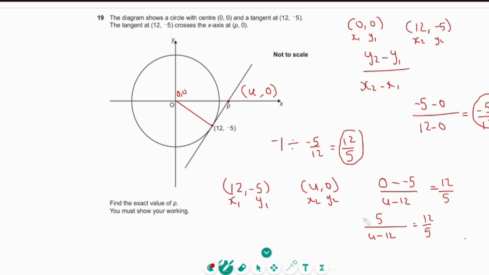I'm going to cross multiply here, so multiply both sides by 5. I'll just bring it up to the side here, gives you 25, and multiply both sides by u minus 12. Expand your brackets. Add 144 to both sides.